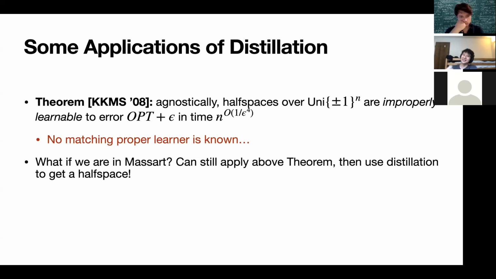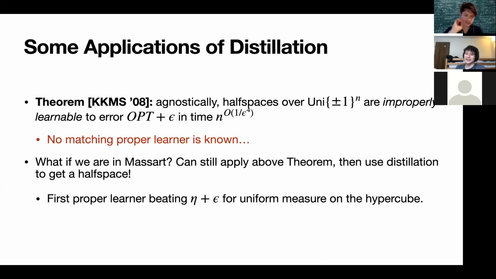First we just use KKMS. Agnostic is a generalization of Massart, so obviously the theorem applies. It does linear regression on a huge polynomial basis and generates some extremely complicated classifier. Then we just apply the distillation theorem, use a few more samples, and we get a half space which is equally good. And so this is the first proper learner.